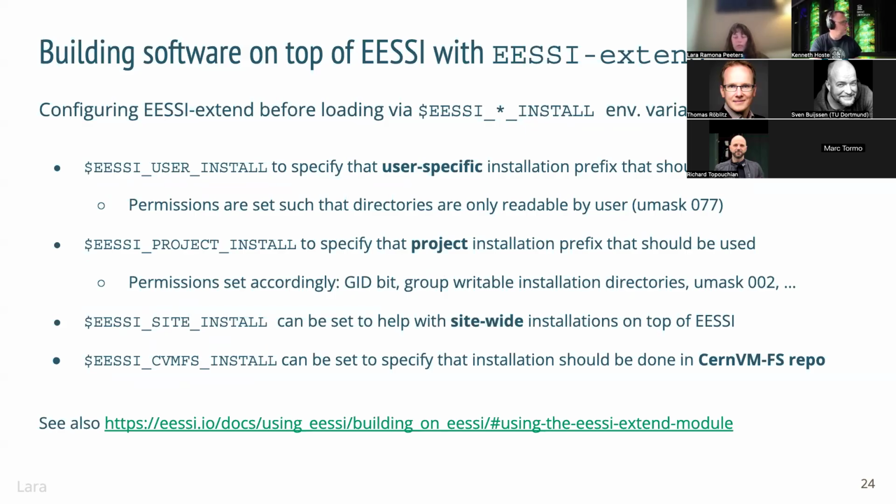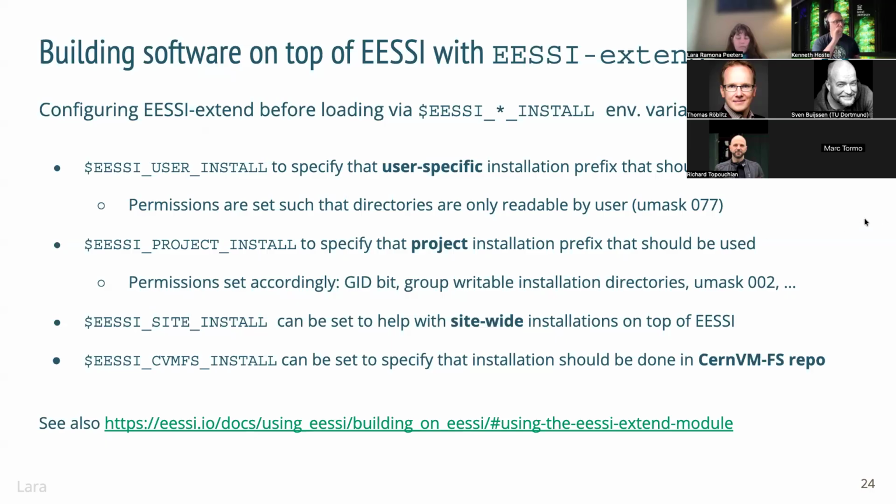A question on the differences between the different versions of FOSS. So I guess there's people not very familiar with EasyBuild yet. FOSS is a compiler toolchain, and different versions of FOSS essentially mean different versions of the compiler, of OpenMPI, of the BLAS and LAPACK libraries, and so on. So there's definitely some room for confusion between toolchain versions and EESSI versions, but we try hard to avoid those confusions.